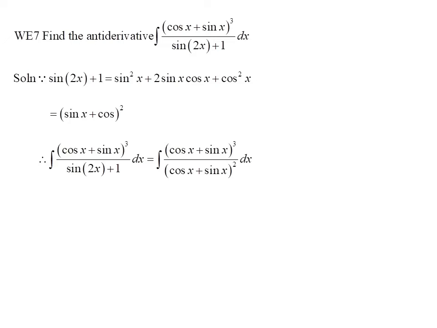Hence, the antiderivative can be written as the integral of (cos x plus sine x) cubed over (cos x plus sine x) squared dx, which equals the integral of (cos x plus sine x) dx, which equals sine x minus cos x plus c.